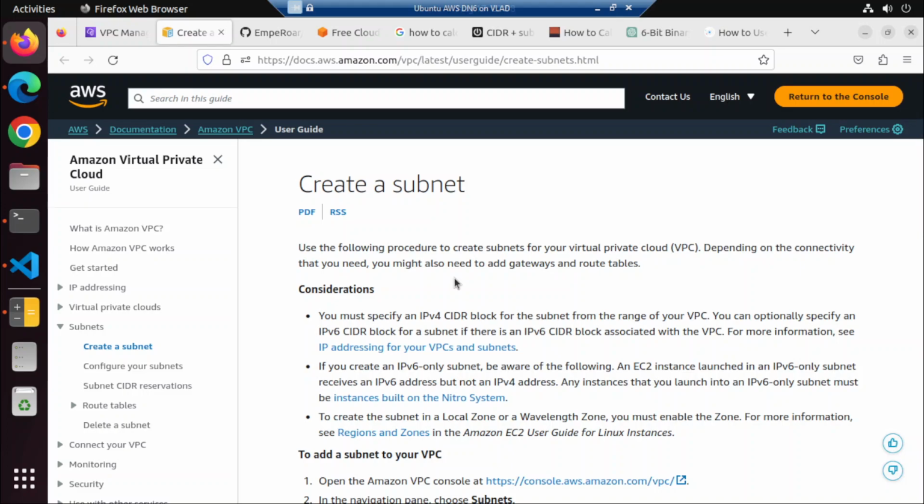Depending on the connectivity that you need, you might also need to add gateways and route tables. You must specify an IPv4 CIDR block for the subnet from the range of the VPC. You can optionally specify an IPv6 CIDR block for a subnet if there is an IPv6 CIDR block associated with the VPC.